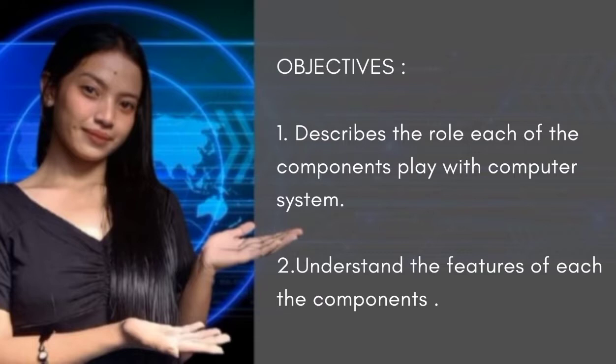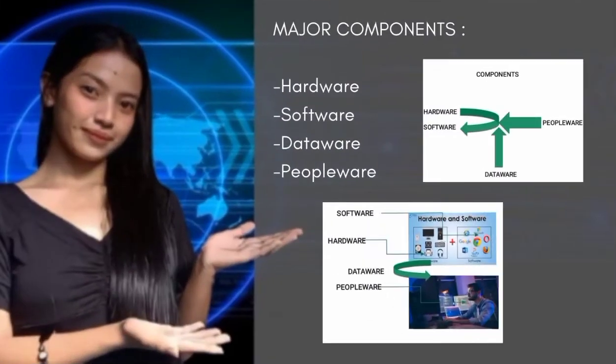A computer system is made of components, all elements that play a vital role in the accomplishment of computing-related tasks. A computer system is made of four major components, namely hardware, software, dataware, and peopleware. Peopleware is the human element that brings the computer to a functioning and productive existence.